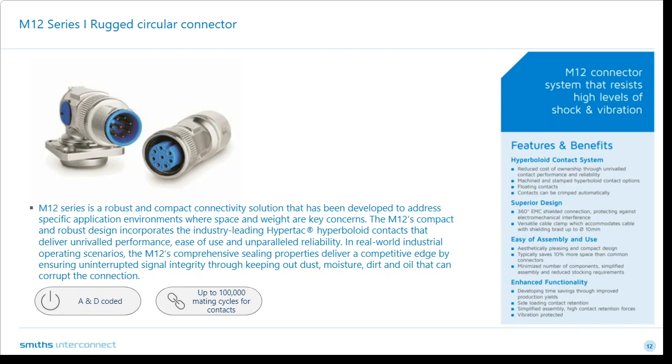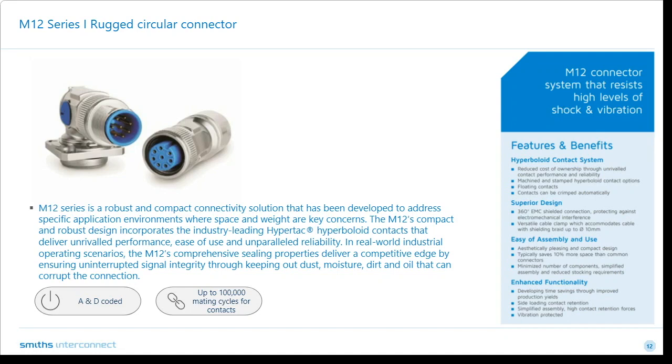So it is quite vital to have that contact technology that ultimately drives that performance. And of course, working around it is the ease of use and unparalleled reliability that brings everything together into one little body.